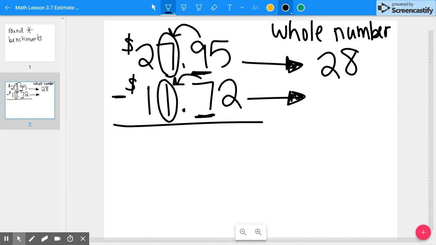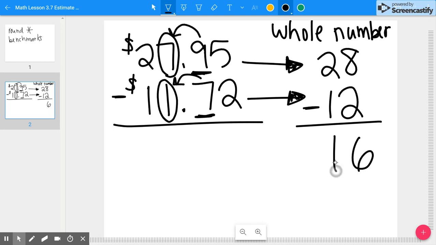So if I add 1 to the number 1, that gives me 12. And since this is a subtraction problem, I'm going to put my subtraction symbol there, and then I'm just going to subtract it normally. 8 minus 2 is 6, and 2 minus 1 is 1, and I need to put my dollar sign back.